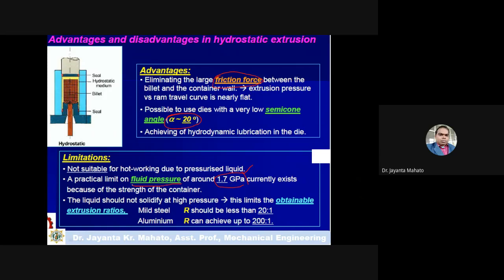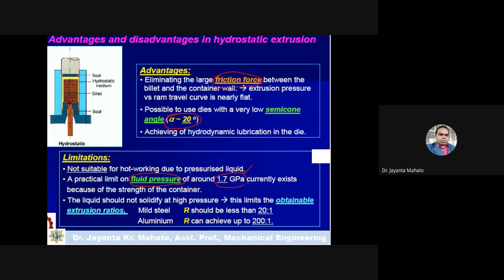If more extrusion pressure is required, more than 1.7 GPa, then this hydrostatic extrusion process is not suitable. Also, the liquid should not solidify at a high temperature or high pressure.